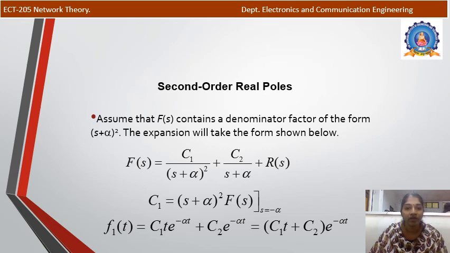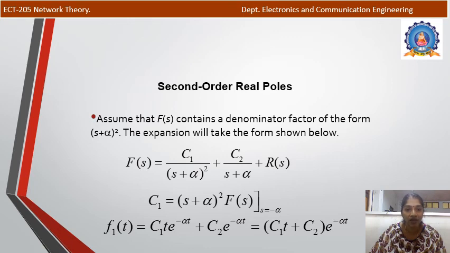And here the difference is when we have repeating poles or repeating factors in the denominator, and this will be the method to do the partial fraction. What we have to do is F(s) equal to c1 by (s plus alpha) square plus c2 by (s plus alpha). That means in the previous problems we discussed different factors, that is s plus 1 into s plus 2.